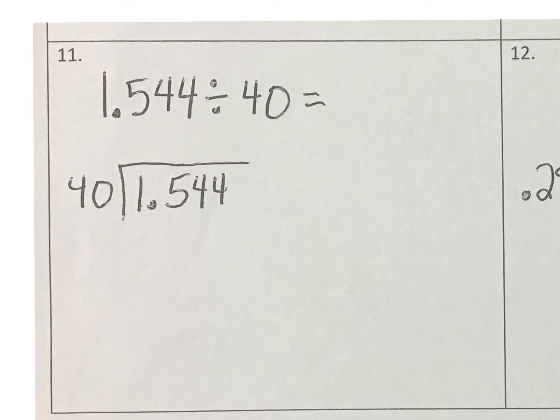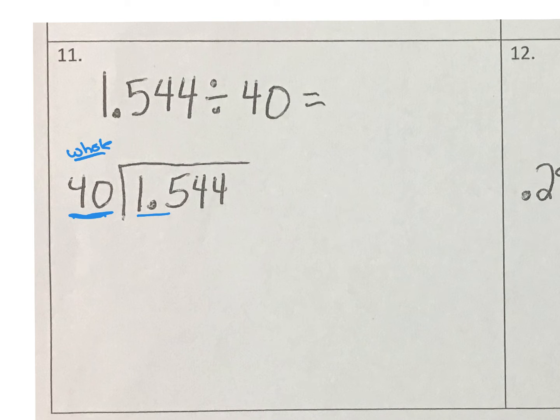All right, we're half done. Here's the last 10 problems. So number 11, it's also long division, but it has a decimal. Now, I look over here first. If this is a whole number, then I'm good. And 40 is a whole number.